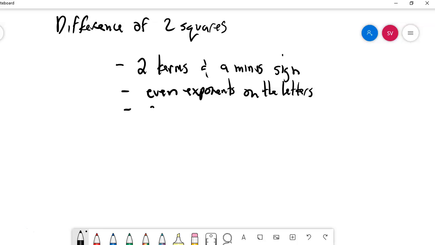The third is that we need to be able to take the square root of all the numbers evenly. And if we have all three of these conditions, then we have a difference of two squares.